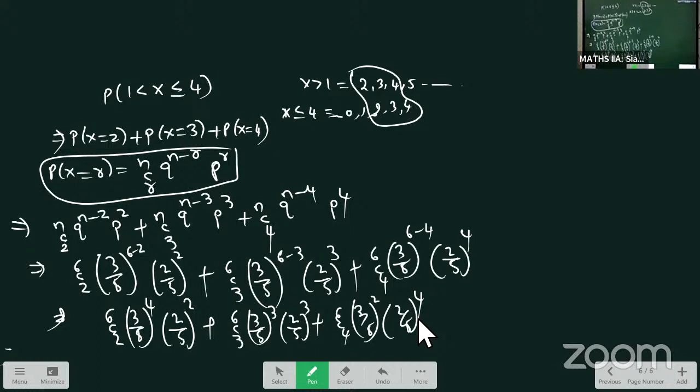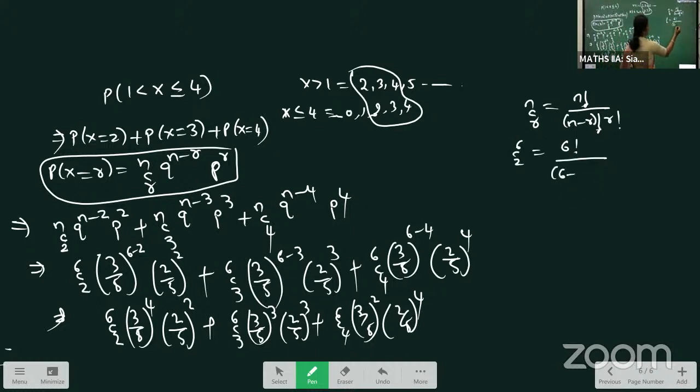6C2 value. How to find out 6C2? We know the nCr formula. I'm writing the formula here. nCr is equal to n factorial by n minus r factorial into r factorial. With the help of this, find 6C2. 6C2 is equal to 6 factorial by 6 minus 2 factorial into 2 factorial, so 6 factorial by 4 factorial into 2 factorial.